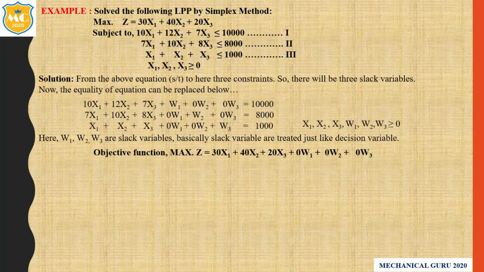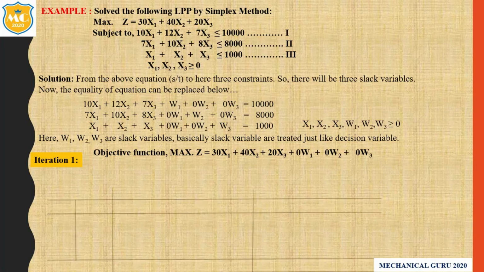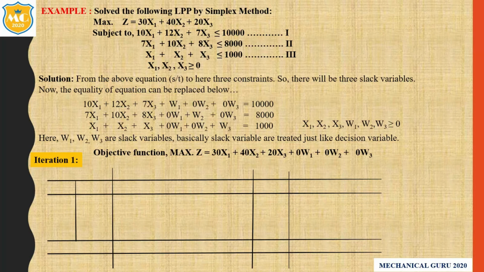So now this equation we have to convert into the simplex tabular form. The simplex method is basically an iterative method. So first we have to convert it into the simplex tabular form. Okay, so here this is the standard format.